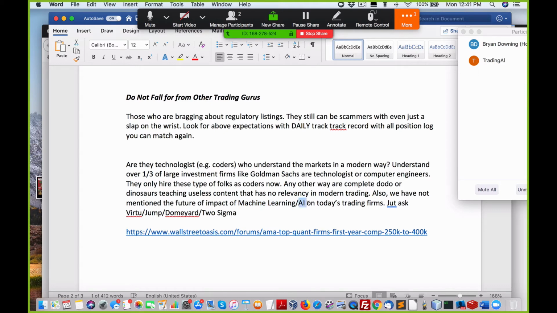Because why would a company like Goldman Sachs hire all these researchers that 90% of the time are not performing and getting the profit that they seek from these high-paying positions? And a lot of companies now in the world of HFT, companies like Virtu, Jump, Domeyard, Two Sigma, where I have this link here.